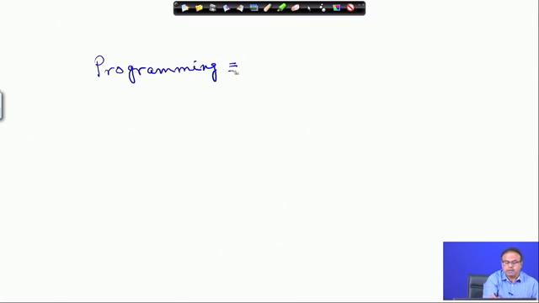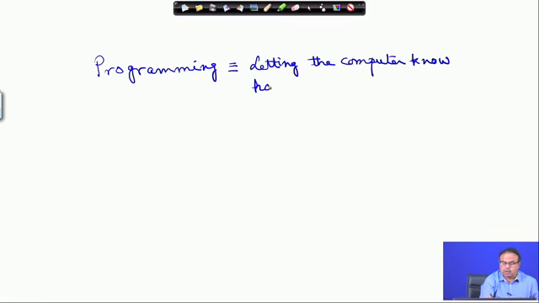Programming is nothing but letting the computer know how to solve a problem.